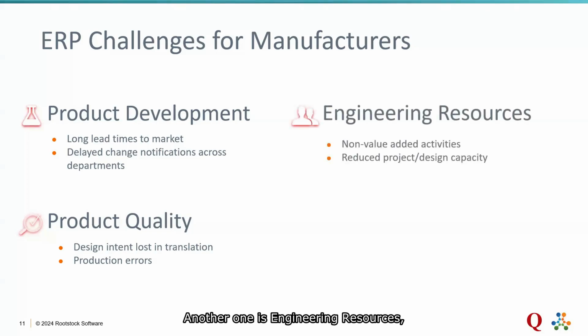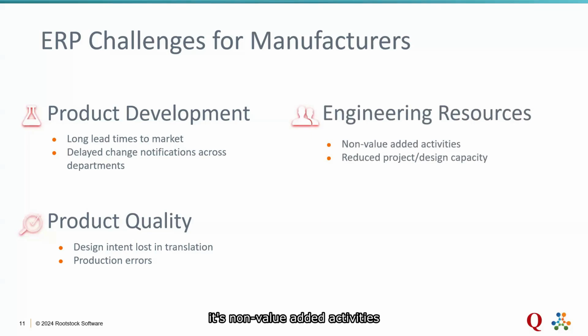Another one is engineering resources. This is a pretty big one. Most of the time, we find that a lot of our prospects will have their engineers actually spend the time to enter that data into Rootstock, because the engineers are the most knowledgeable about the engineering BOM and the actual design. So the companies, or their managers, want them to enter that data. And this is a very inefficient use of their time.